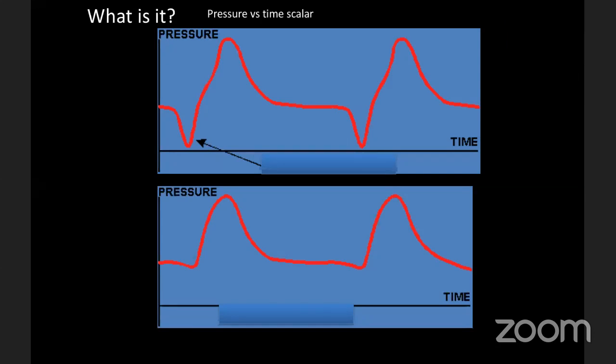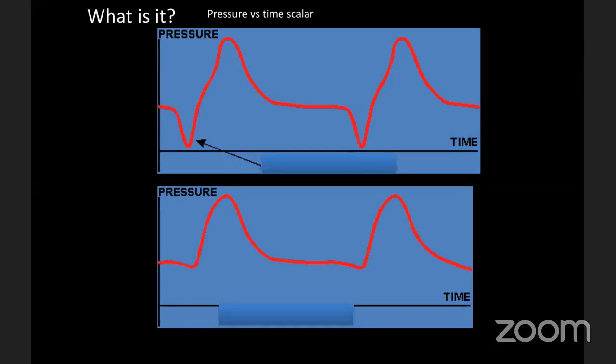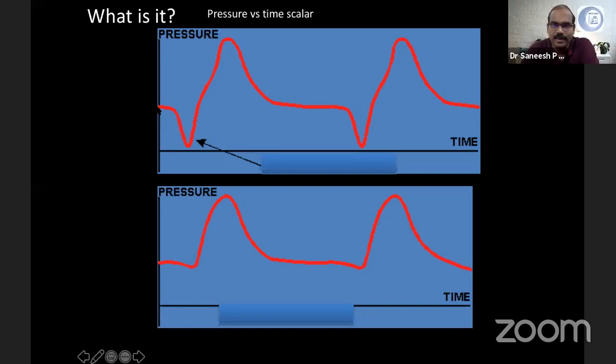I think there is some dead space. Air trapping. No, actually this pressure curve is taking a dip here, and then the breath cycle starts. This is the triggering part.